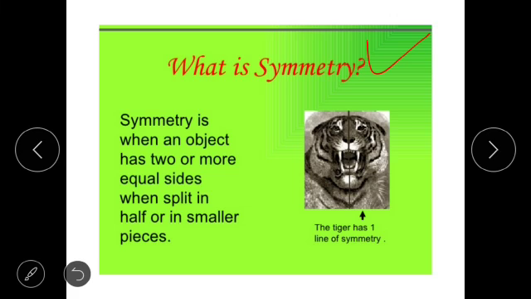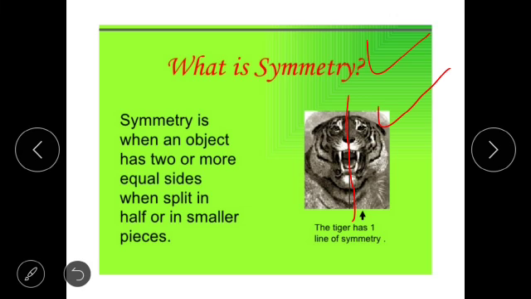Now here you can see that this is an image of a tiger, the face of a tiger. Now if I draw a vertical line through the middle of the face, it gets divided into two parts that match each other.